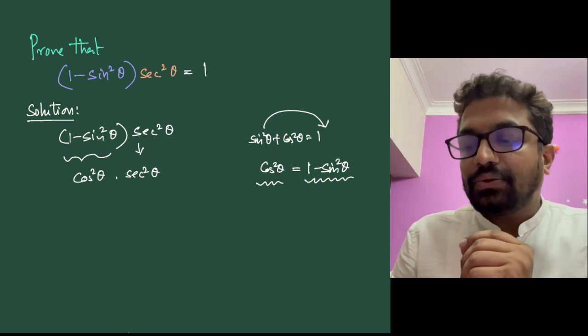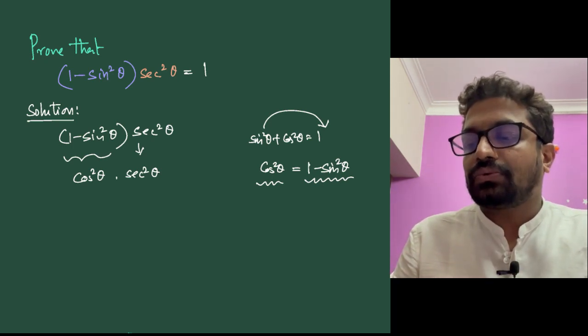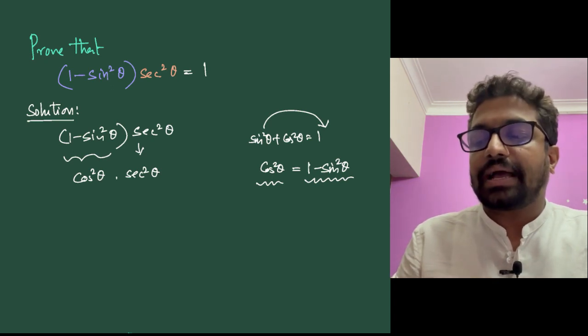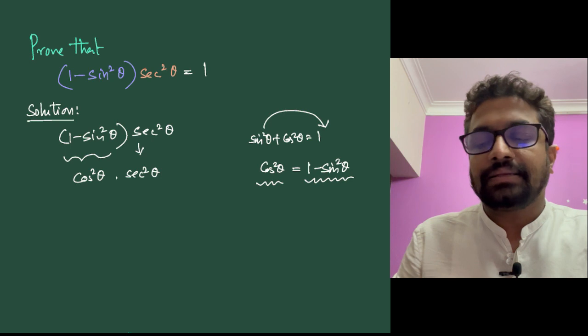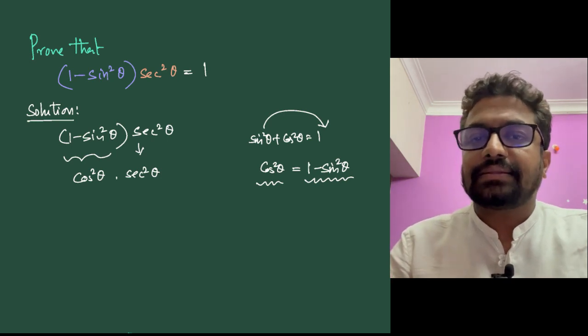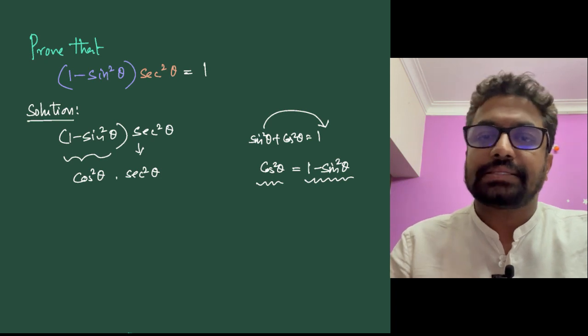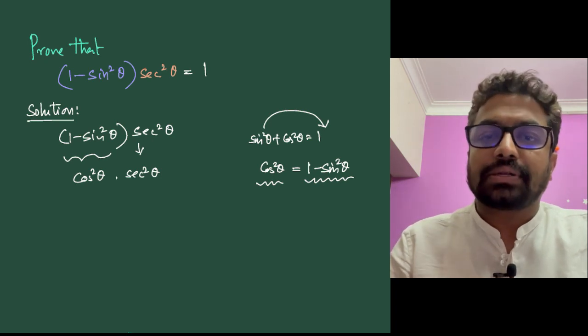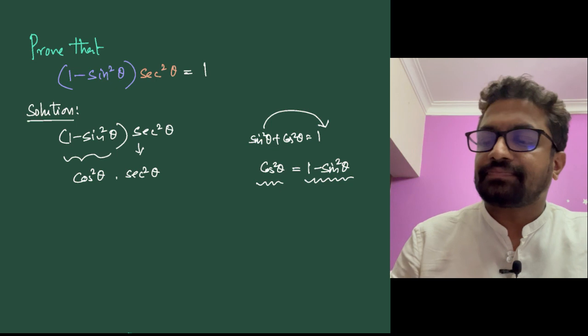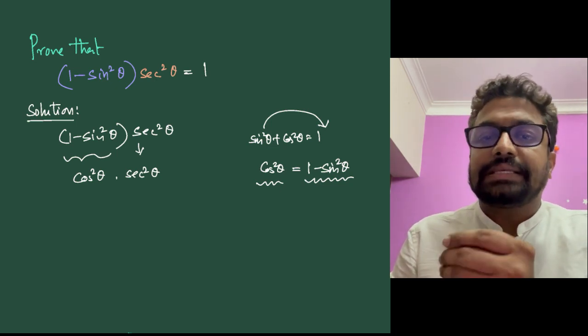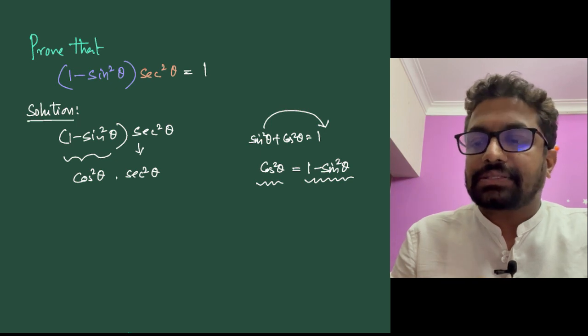But if I look at these two ratios, I have cos theta and secant theta. Cos theta and secant theta are reciprocal to each other. Cos theta is adjacent by hypotenuse and secant theta is hypotenuse by adjacent by their definitions. So if I use the reciprocal relation, secant theta is 1 divided by cos theta.